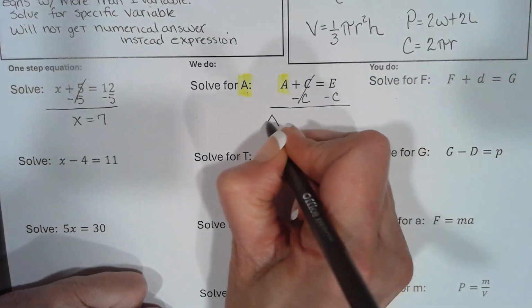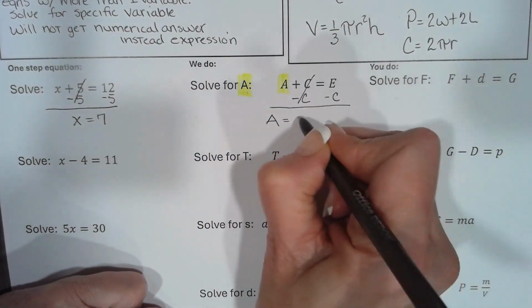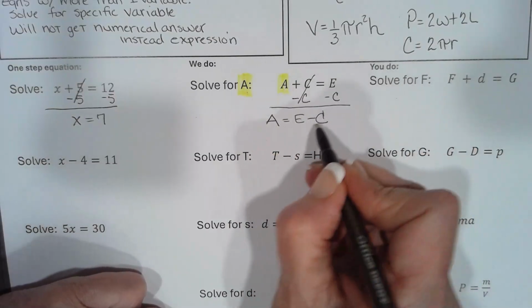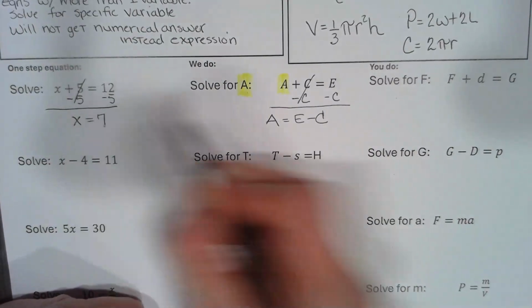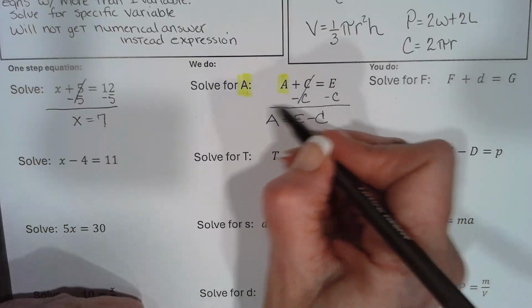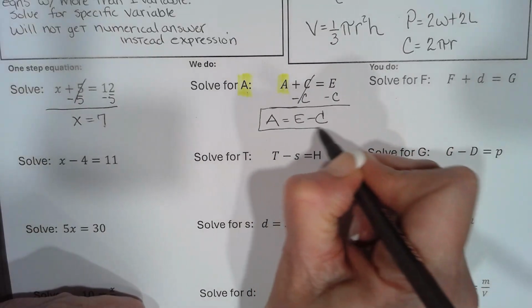So I get A equals E minus C. Notice my answer is not a numerical answer. It's an expression in terms of the other variables. Okay? So this is my answer.